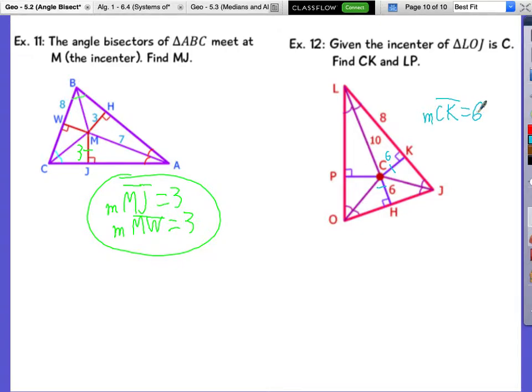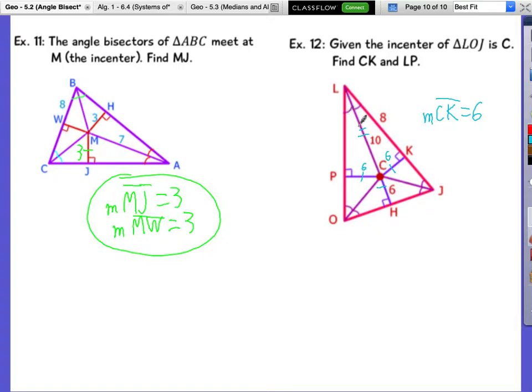How do we know what the measure of LP is going to be? What do we know about PC? It's 6, right? Okay. Is CL congruent to itself? If I block off this bottom section, does it look like we have two triangles here?